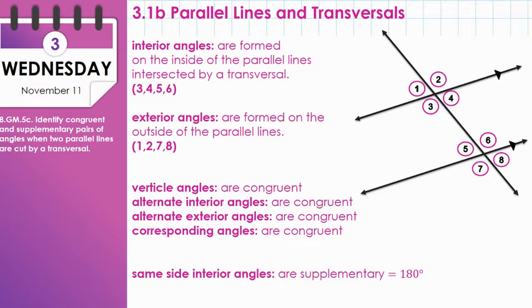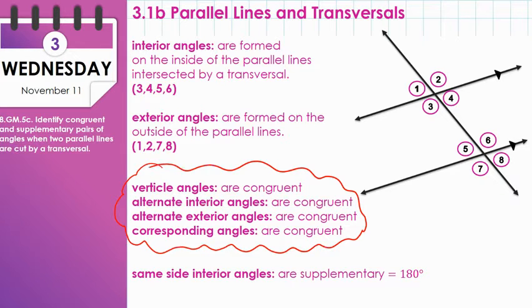Same side interior angles are supplementary. And again, all of these are examples of congruent angles. Congruent, which means the values are equal. Same side interior angles are supplementary, which means the measure of the angles, angle A plus angle B, equals 180 degrees.